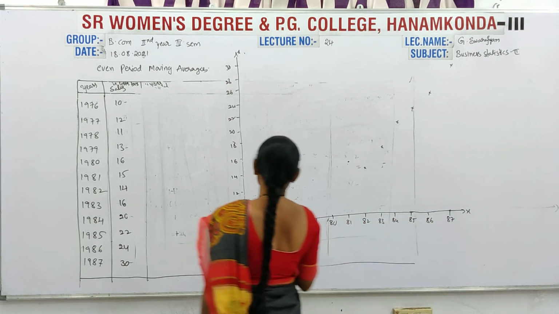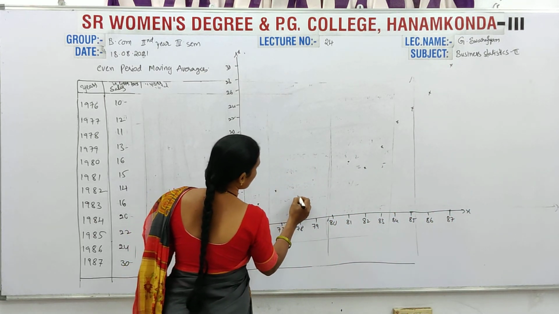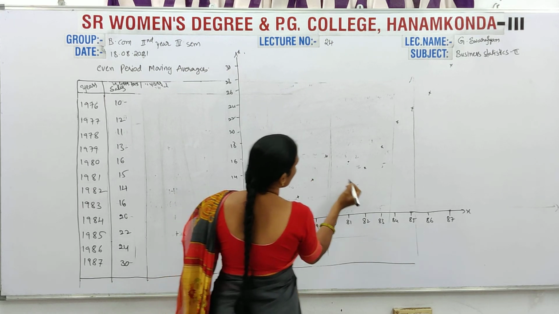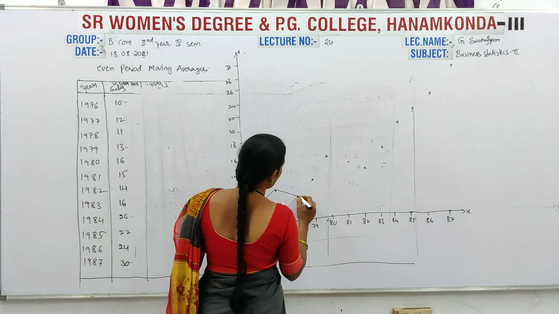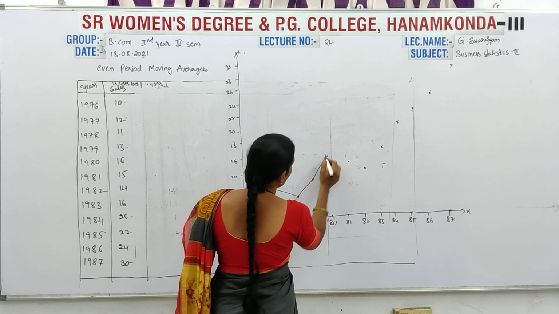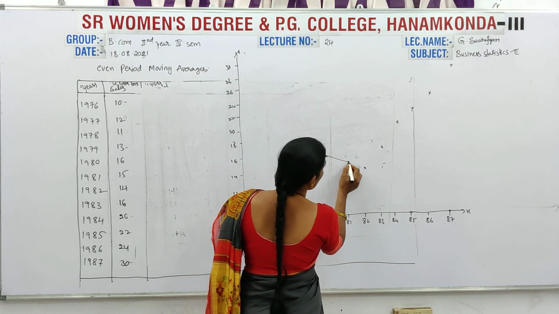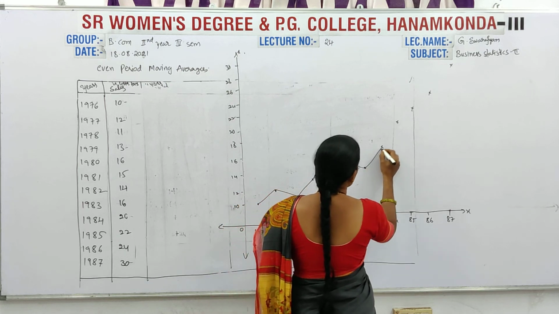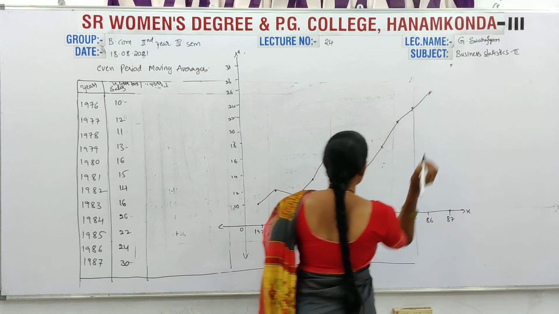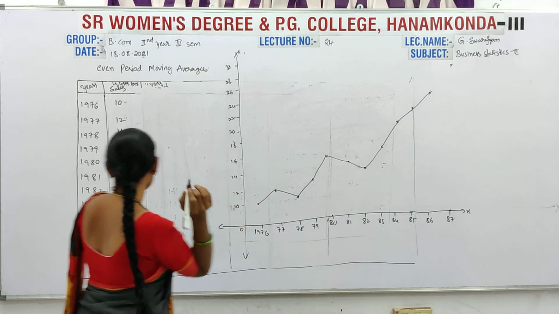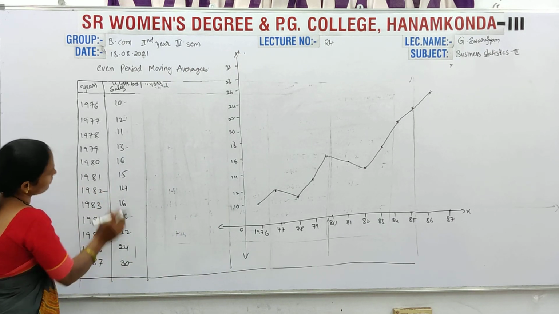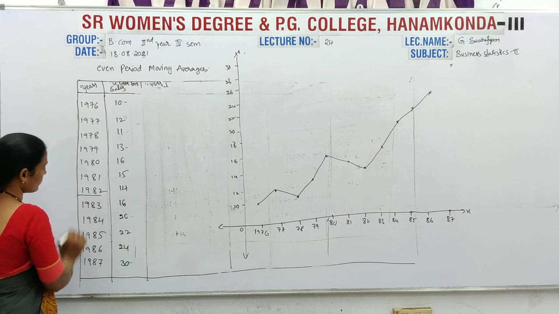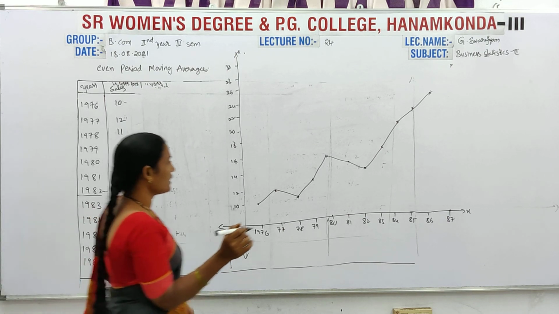So the line is, okay, 10, 12, 11, 12, increase and decrease, increase. From 1982 there is an increase: 14, 16, 20, 22. So from this year the sales keep increasing.